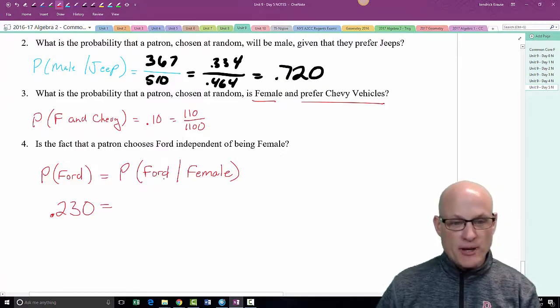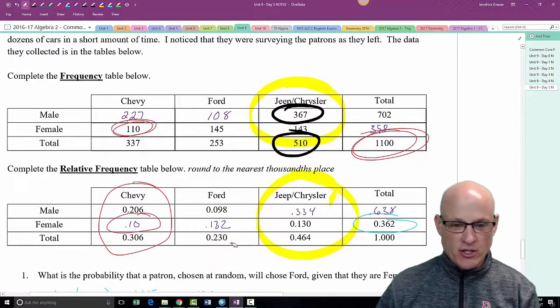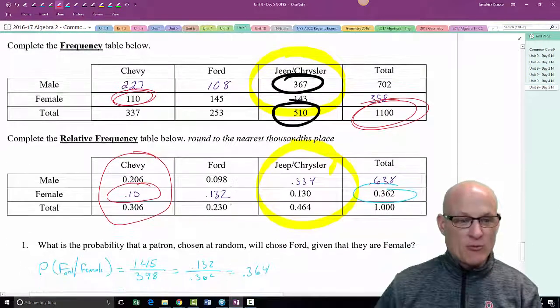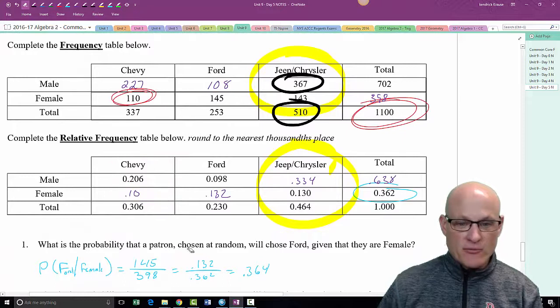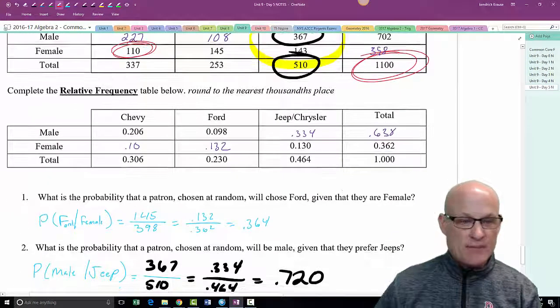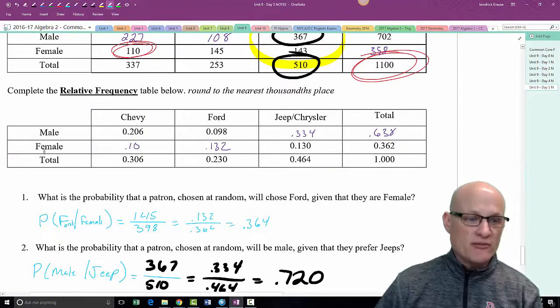Now we've got to figure out the probability of Ford given that we're female. You can use the same chart. Let me get rid of all this stuff. My new universe is female.